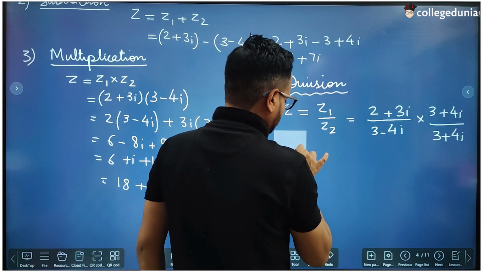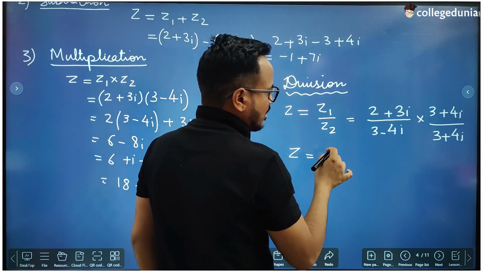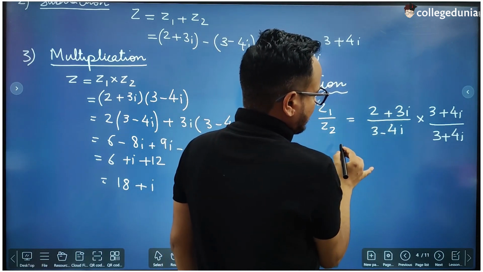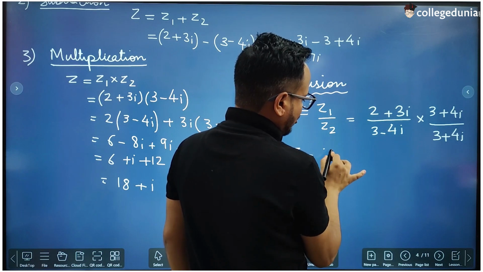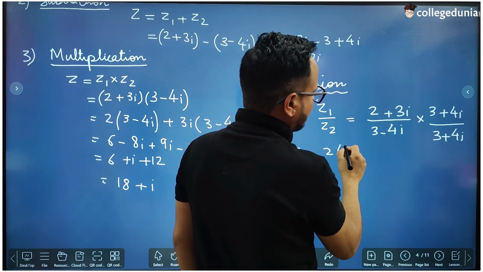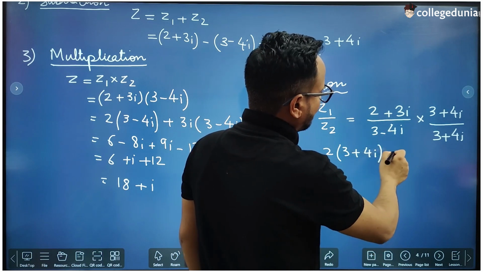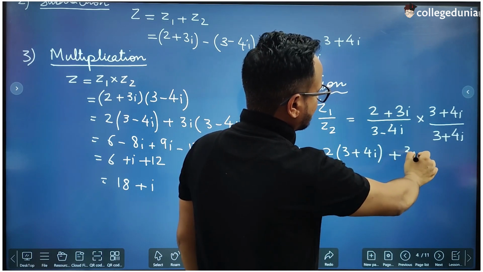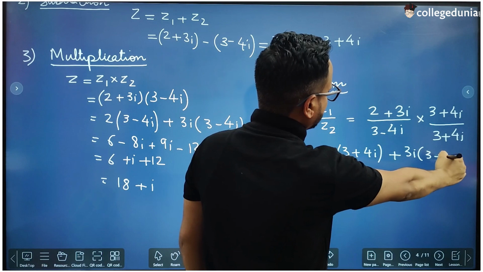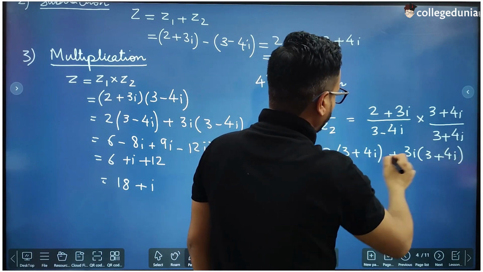Now, multiply the numerator 2 plus 3i by 3 plus 4i, and the denominator 3 minus 4i by 3 plus 4i.